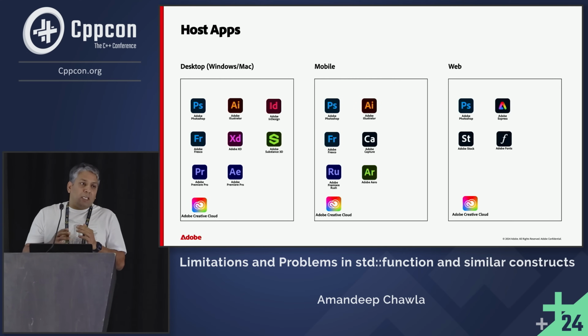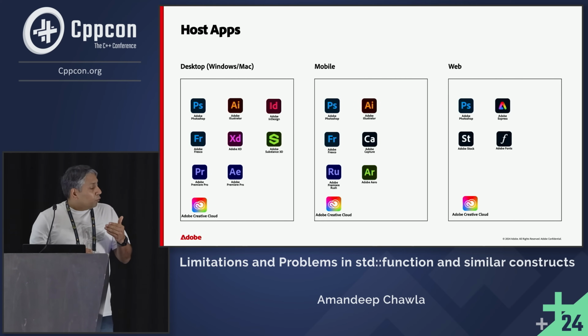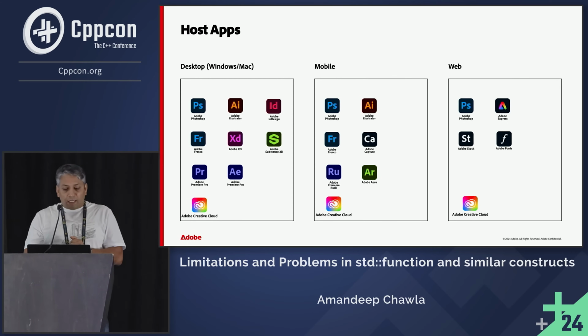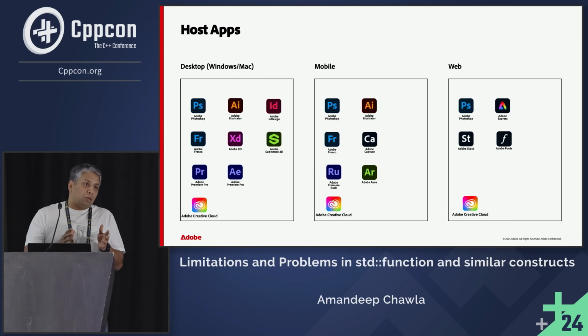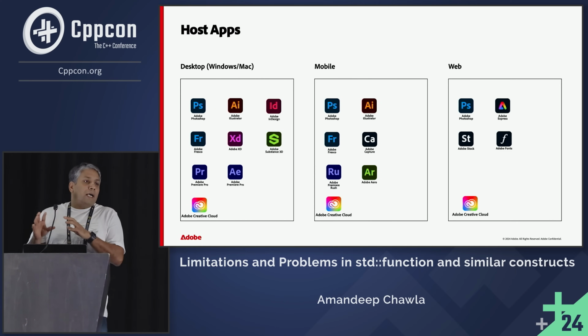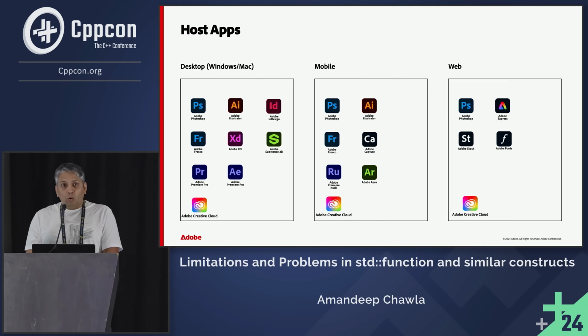On mobile, the same code is consumed by Fresco, which is our drawing app, and we have also ported Photoshop to mobile devices and even to the web. The strategy most of the time is to use Wasm to compile our C++ code and then use it on web platforms also. I do work on JavaScript also, but not as much as I work on C++.